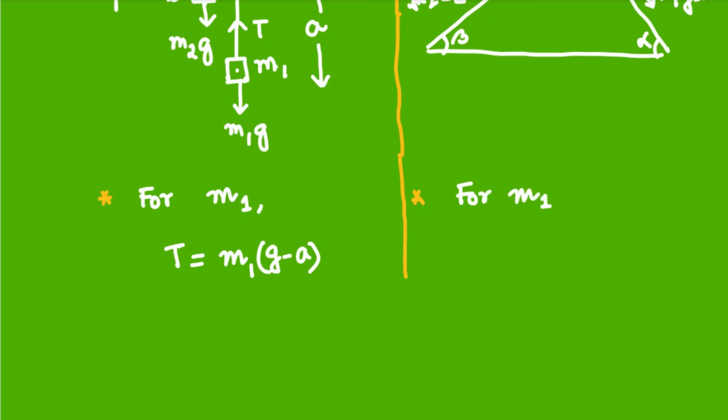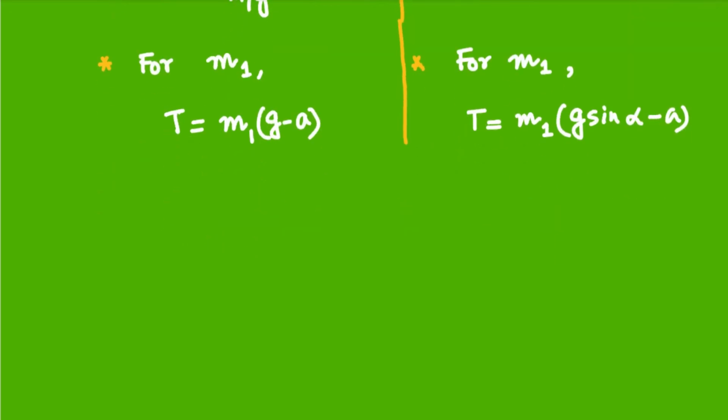And for the motion of the body of mass m1 on the inclined plane of angle of inclination alpha, tension acting in the string should be m1 bracket open g sin alpha minus a. For the general case, it was m1 g minus a, but for the inclined plane, it is m1 g sin alpha minus a.